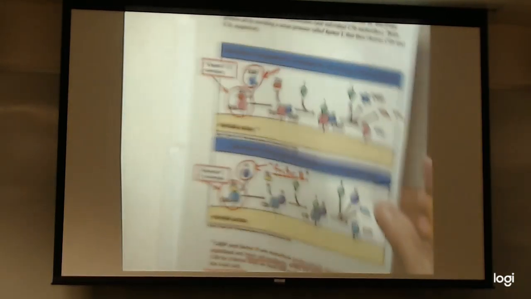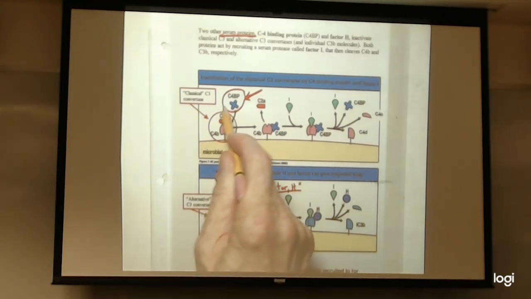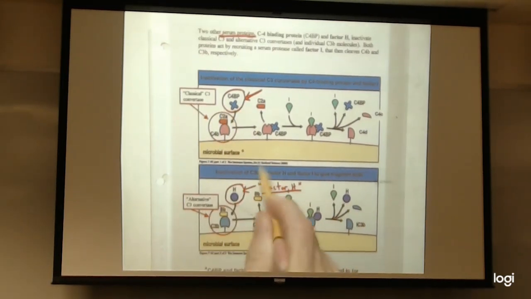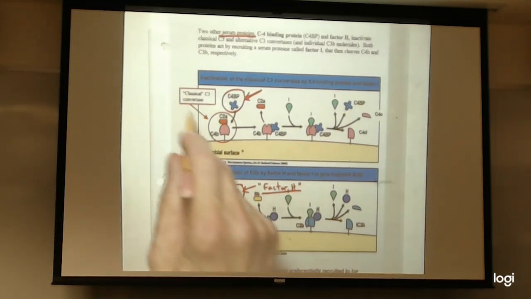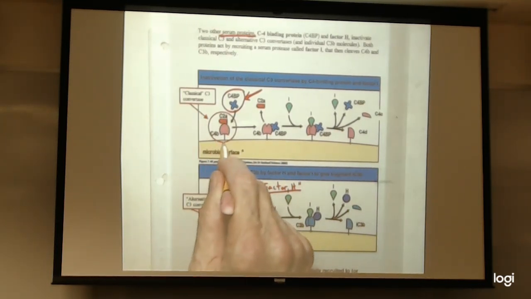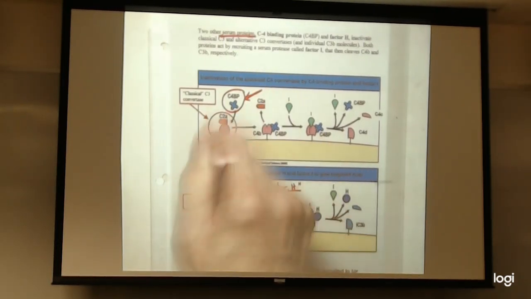We also have another serum protein called C4 binding protein, and we have a protein called factor H. So here is the classical C3 convertase, C2 and C4, and it's going to be converting C3 to C3b.